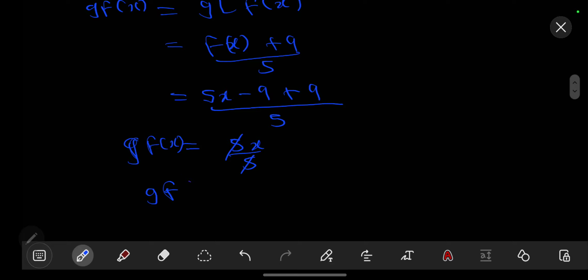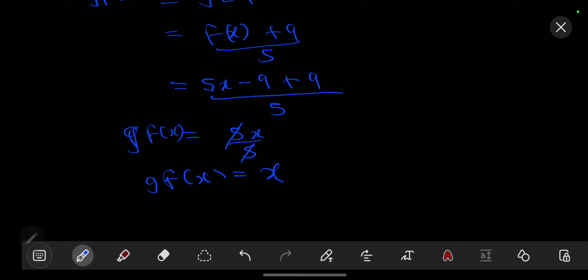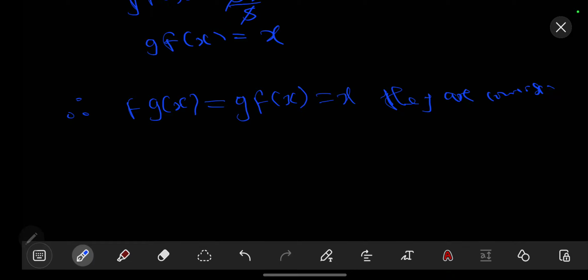So we have gf of x is equal to x. Therefore we can say, since fg of x is equal to gf of x, which is equal to x, they are inverses. So they are inverses of each other.